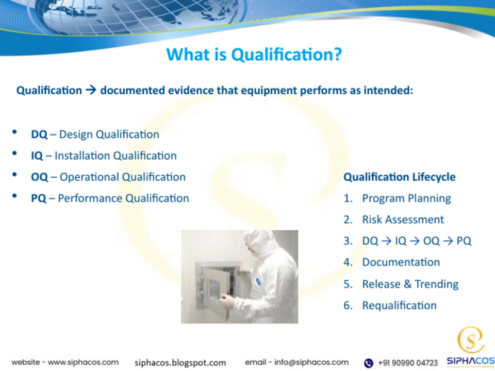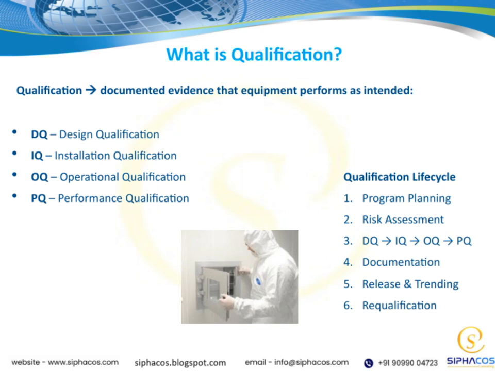Now, let's clarify what qualification actually means. It's about providing documented evidence that the equipment performs as we expect it to. The design qualification, or DQ, confirms that the design meets the requirements. Installation qualification, or IQ, verifies that the equipment has been installed correctly.